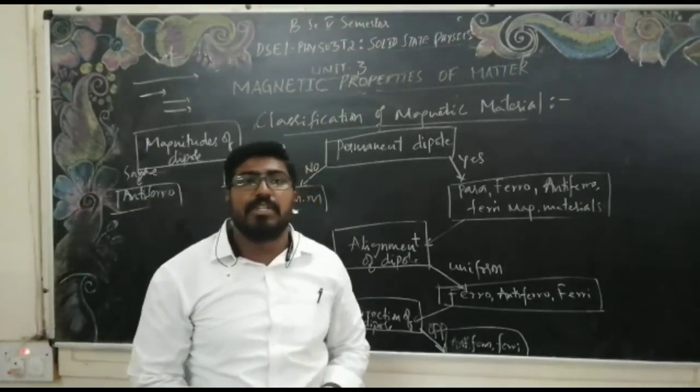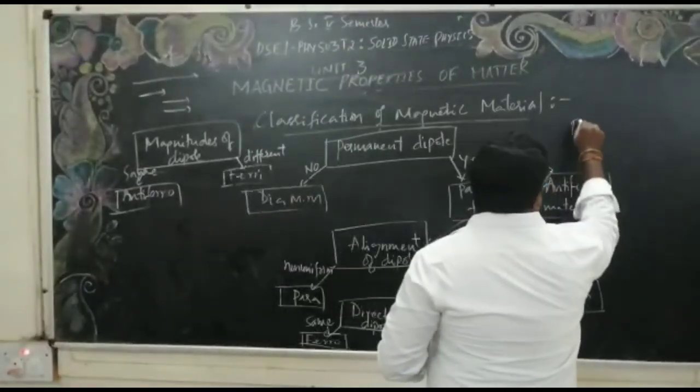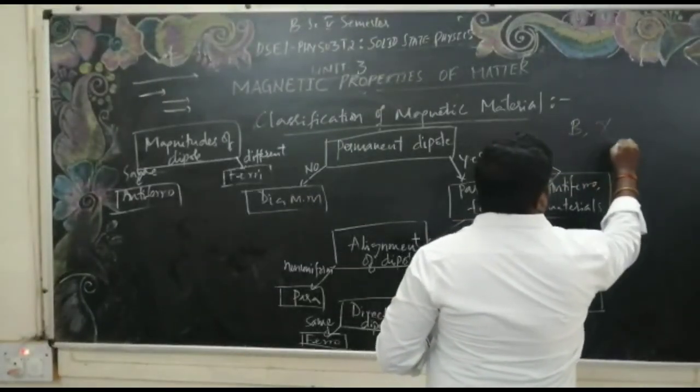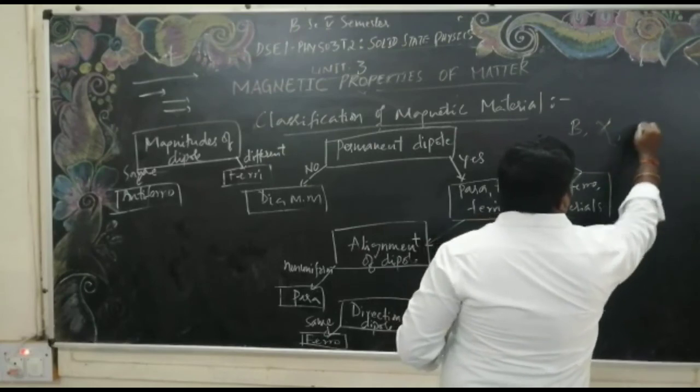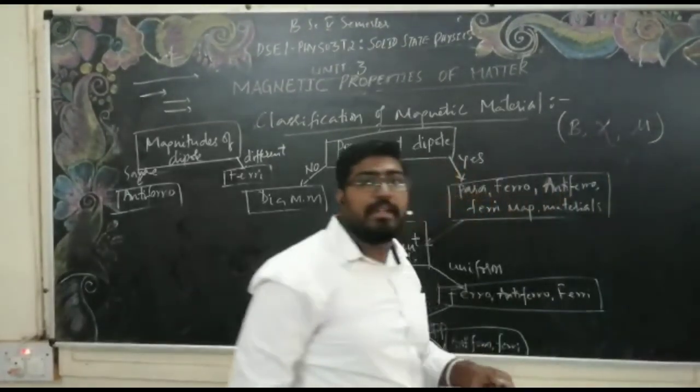In the next class, we shall see the relation between the terms, that is magnetic field, the susceptibility, as well as the permeability. These three terms, how they are going to relate to each other.